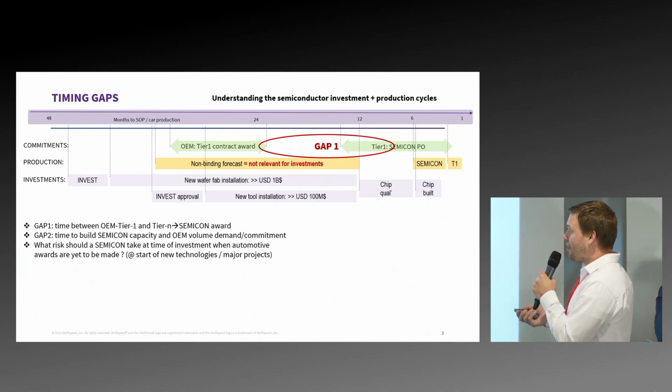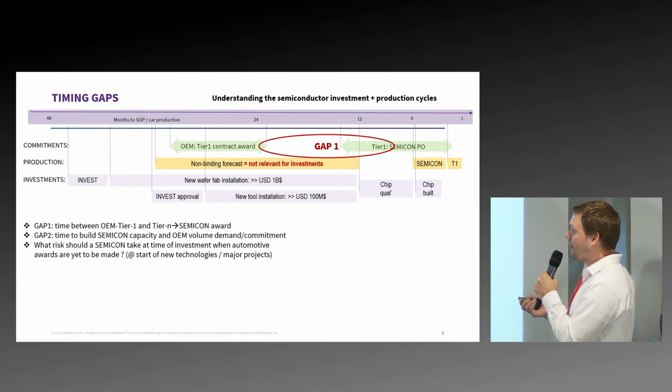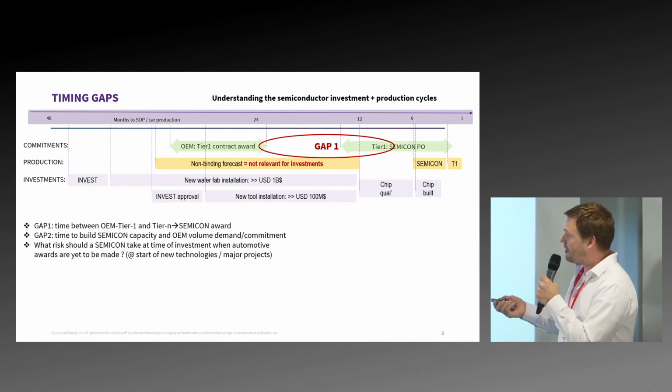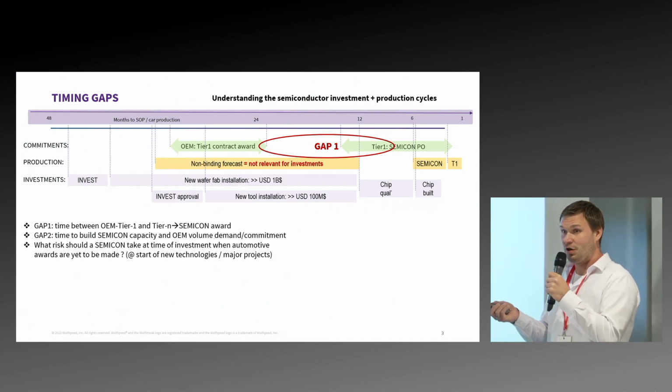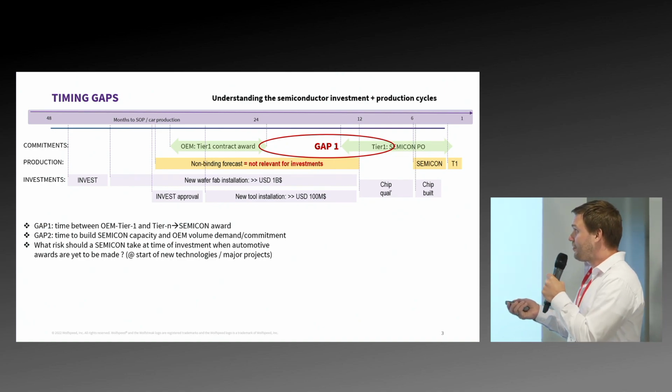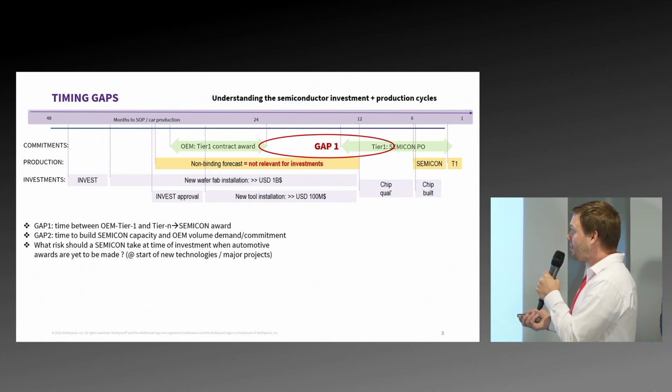Which means in order to cope with all the demand from the market, you need to go back to some commitments, so that the manufacturer can invest early enough to build something like a 200 millimeter fab, fully automated, and meet the market demand.